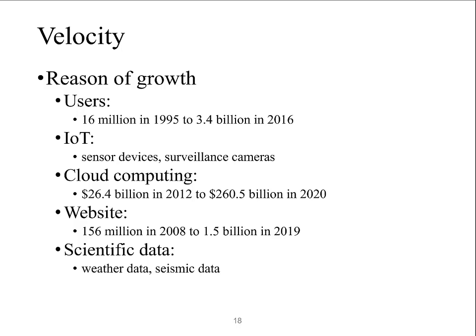And most importantly, most of it needs to be processed in real time. Consider the cameras in your house, or the surveillance cameras in the street. The data needs to be processed in real time, such that crime can be prevented.